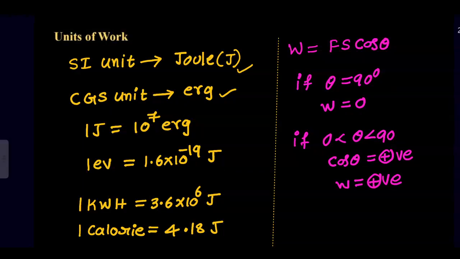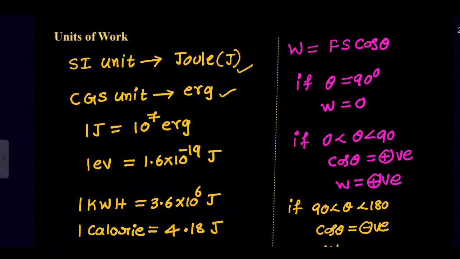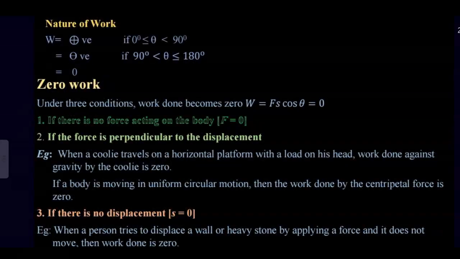Next, if theta lies between 90 to 180, cos theta is negative, which means the work is negative. So work may be positive, negative, or zero. It is positive if theta lies between 0 to 90, negative if theta lies between 90 to 180, and 0 when theta is 90.